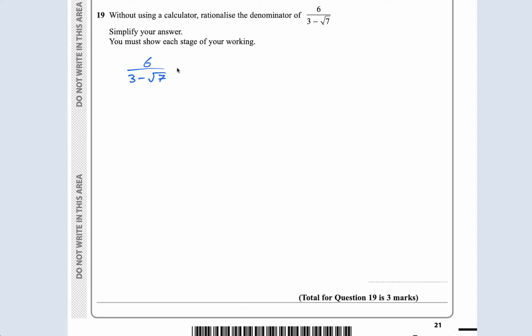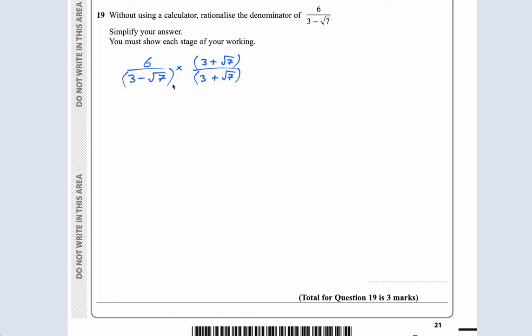The first key step is you multiply above and below by the conjugate of the denominator. Now the conjugate is just this with a different sign. So if it's 3 minus root 7, the conjugate is 3 plus root 7.